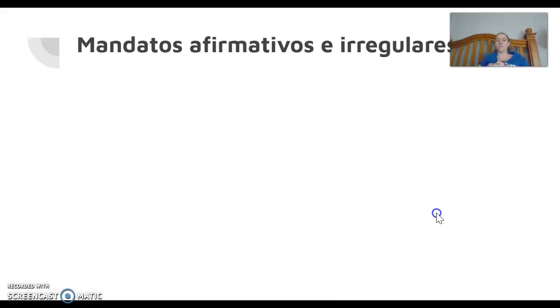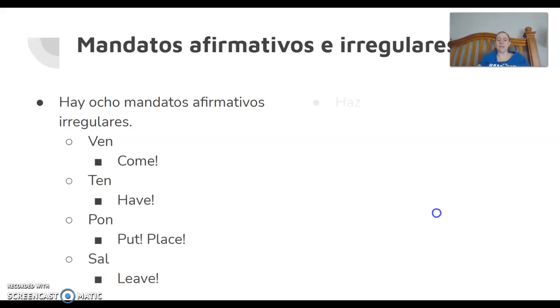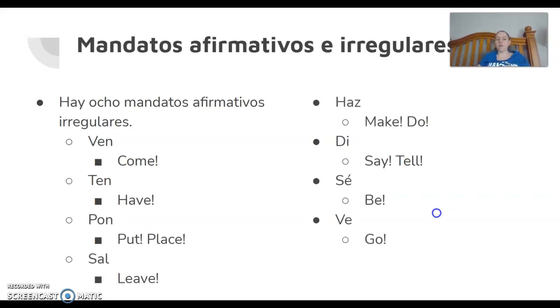So our mandatos afirmativos irregulares, our irregular affirmative commands, there are 8 of them. Ven, ten, pon, sal, haz, di, ve, sé. Come, have, put, leave, make, say, go, be. Okay.